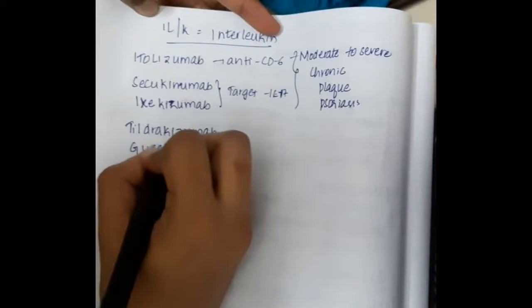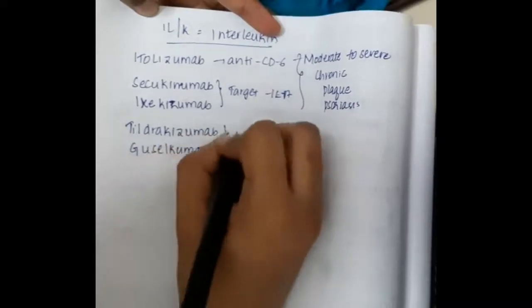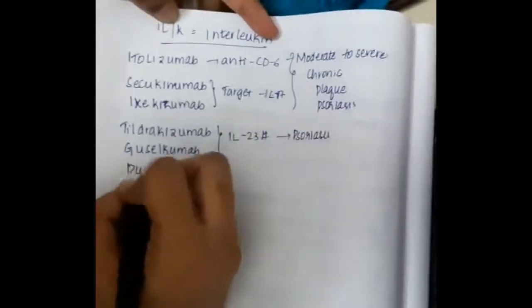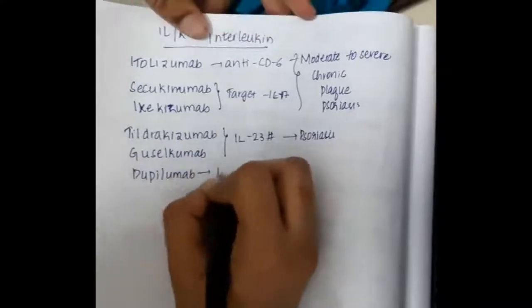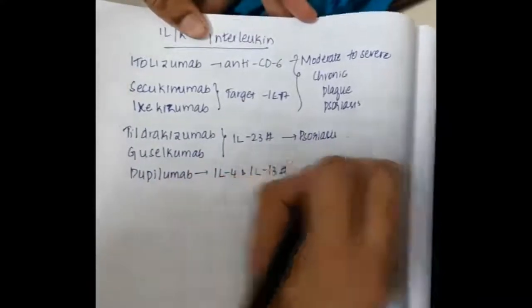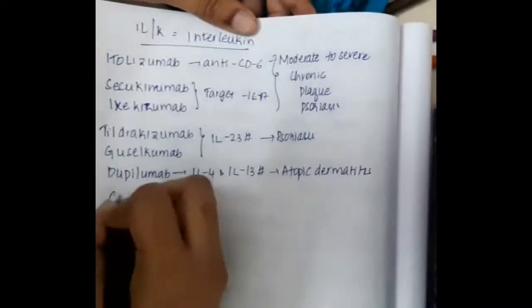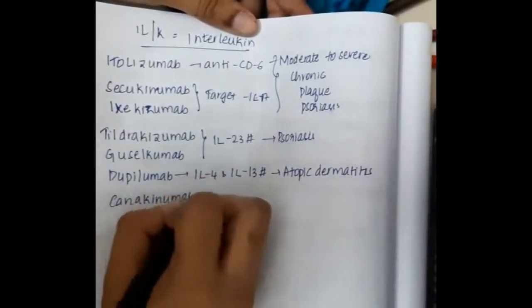Then we have tildrakizumab and guselkumab, which are interleukin 23 blockers used in psoriasis. Dupilumab, which is an interleukin 4 and interleukin 13 blocker used in atopic dermatitis.